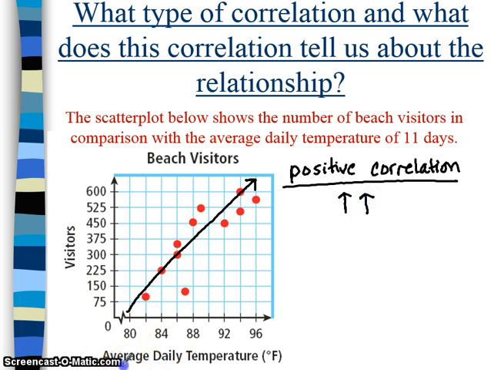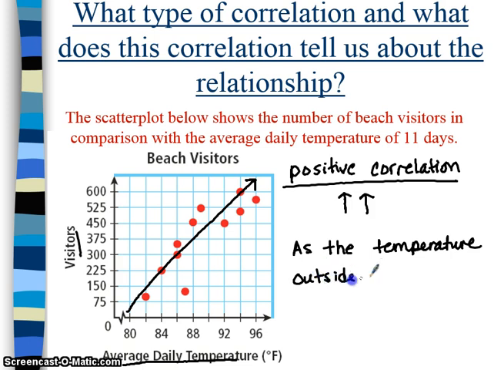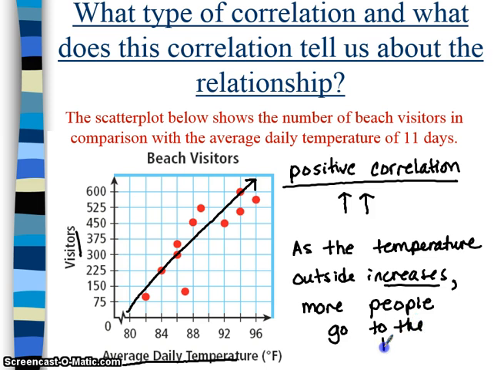So how does the temperature relate to the visitors? As the temperature outside increases, that's upward, more people, that's upward as well, go to the beach. So as one goes up, so does the other.